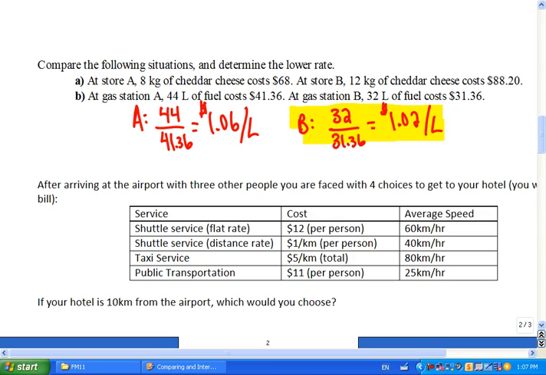Oh, that's a good point. So you've just noticed a mistake. What's the mistake? Do you guys see the units, the mistake there? Yeah, so what we've done here is these units are upside down.